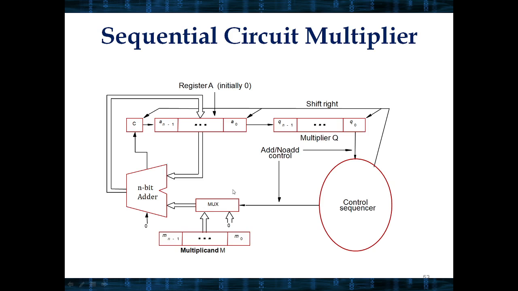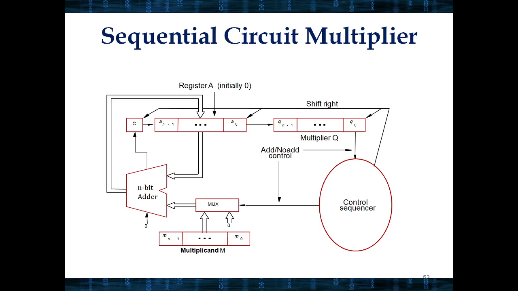So in the sequential circuit multiplier, this is the circuit we use. The simplest way to perform multiplication is to use the adder circuitry in the ALU for a number of sequential steps. This block diagram shows the hardware arrangement for sequential multiplication. This circuit performs multiplication by using a single n-bit adder n times to implement the spatial addition performed by the n rows of ripple carry adders.